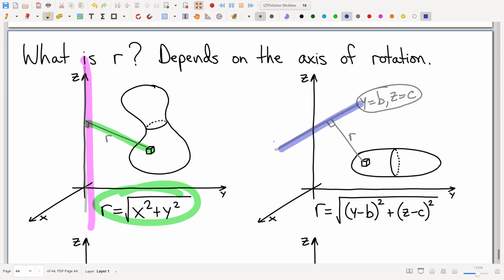If I want to know the distance from x, y, z to that line, it's a totally different geometry, totally different calculation, and you get a totally different formula. And if you treat this as if it's the cylindrical coordinate R, it's dramatically wrong, a complete misinterpretation of the formula. Is that cool? Everybody happy?